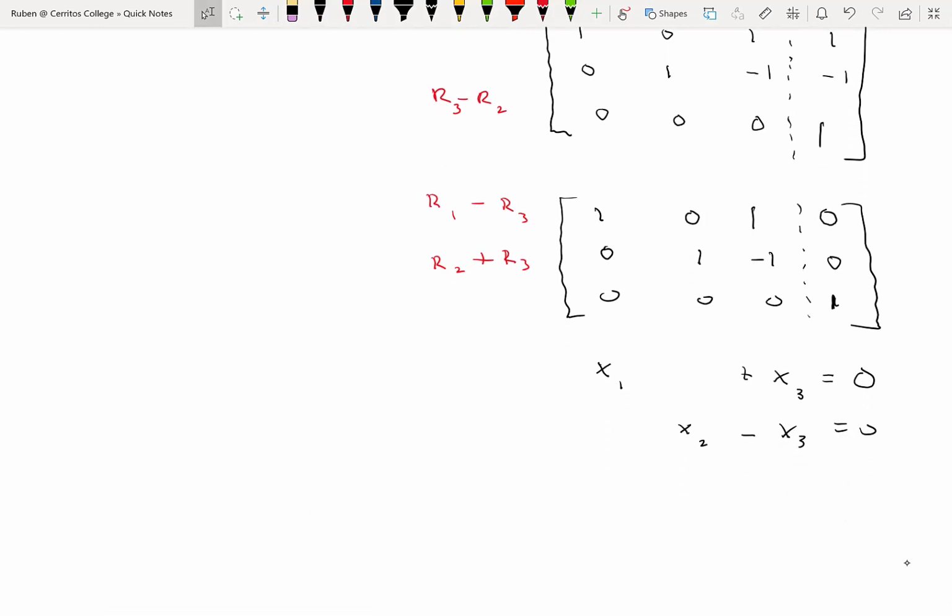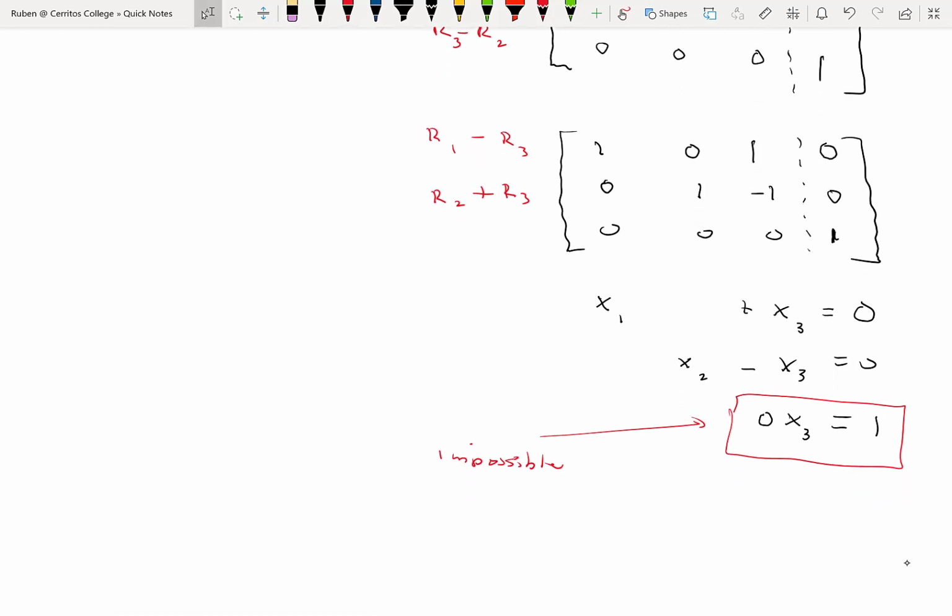What about that last row? You can think about that last row as representing the coefficients of x1, x2, and x3. If I just include the x3, it's saying 0x3 equals 1. That's impossible. There is no number x3 that you can multiply by 0 and get 1. This is completely impossible.